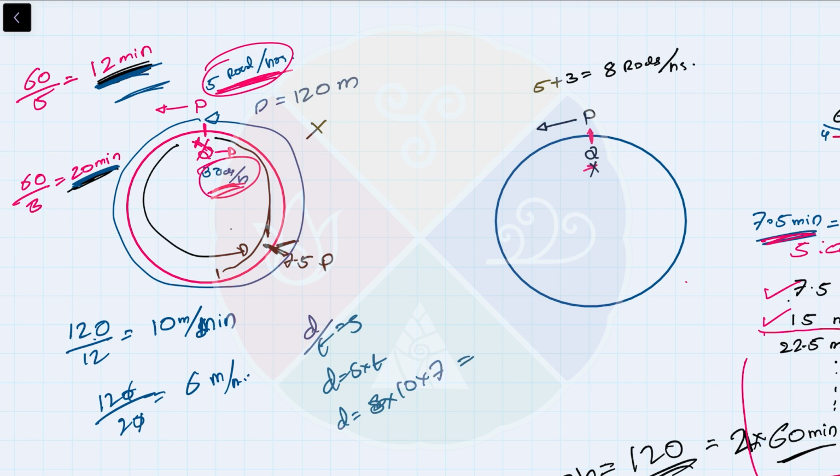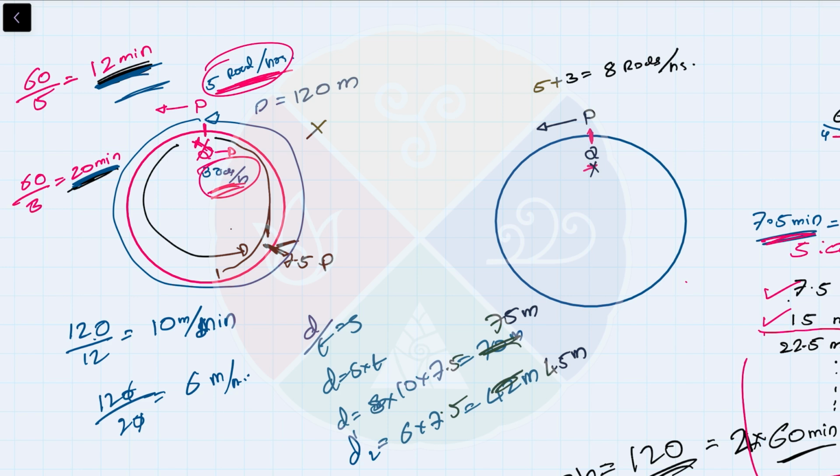his speed is 10 into 7.5, and the second person will be covering 6 into 7.5. What is 6 into 7? 42. Oh, wait, I should multiply with 7.5. So 10 into 7.5 is 75 meters, and 6 into 7.5 will be 45 meters.